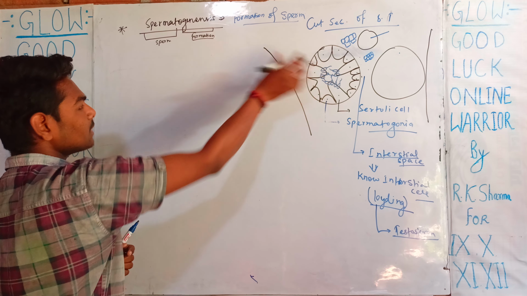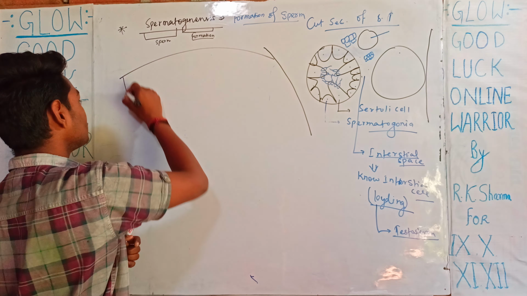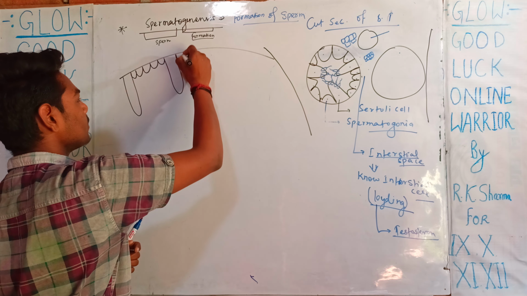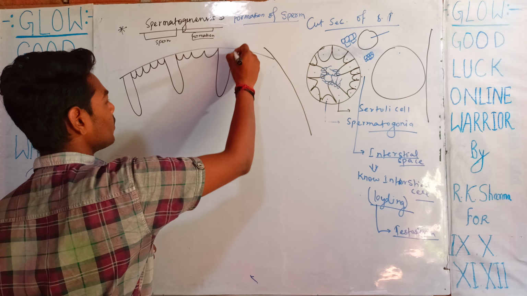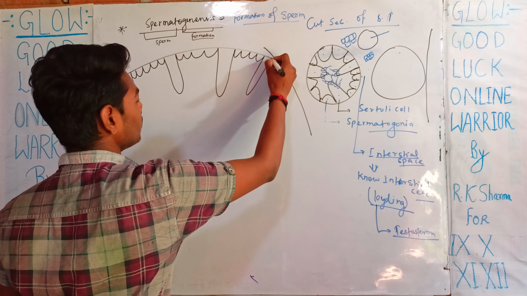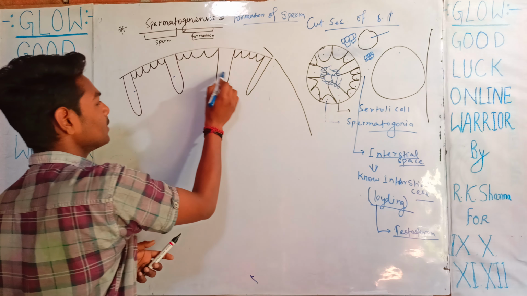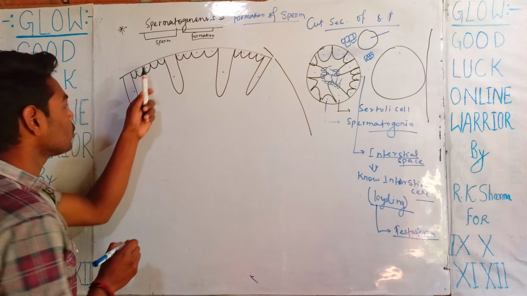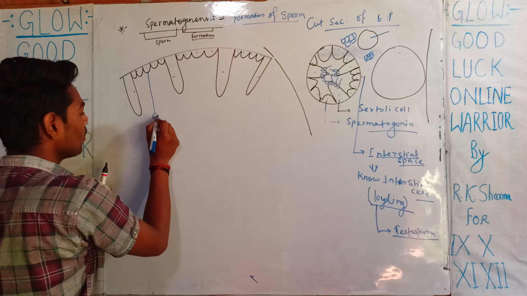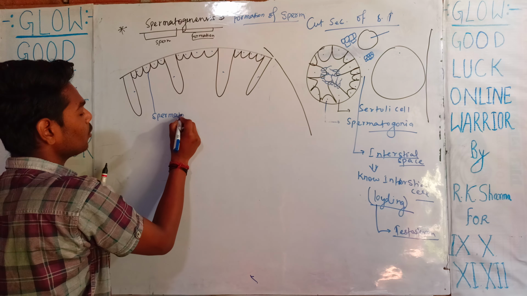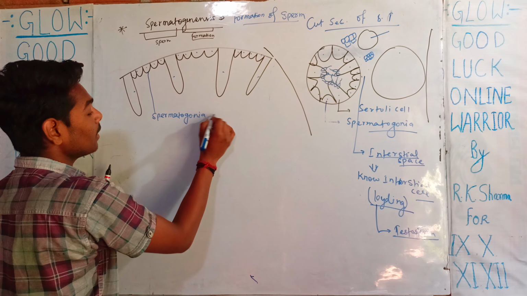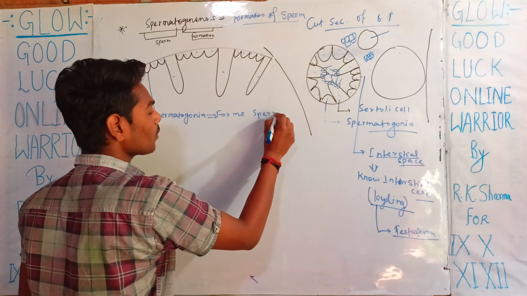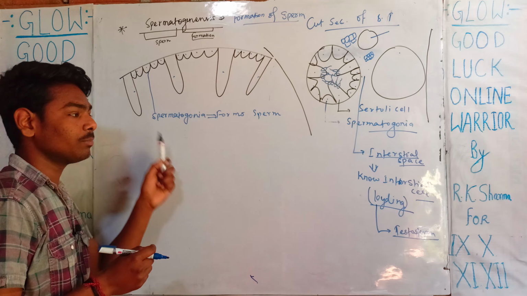Now let me draw one diagram. Let me magnify the picture like this. This is the columnar cell, this is the spermatogonia, this is also columnar, this is spermatogonia, and this is the nucleus. This spermatogonia forms a sperm. How it forms, I'll show.